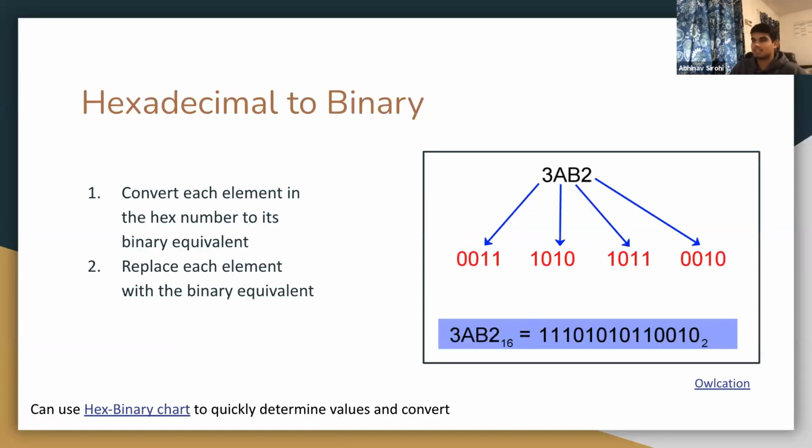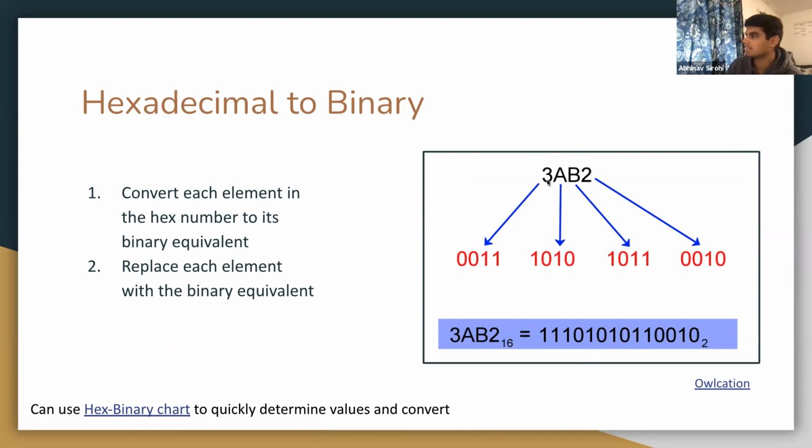So this is how to convert from hexadecimal to binary. It's pretty simple. You take each element of your hexadecimal number and get its binary equivalent. The binary equivalent for 3 is 0011. Then you do the same thing for all of them, and simply replace each element with its binary equivalent. So in place of the 2, you write 0010.